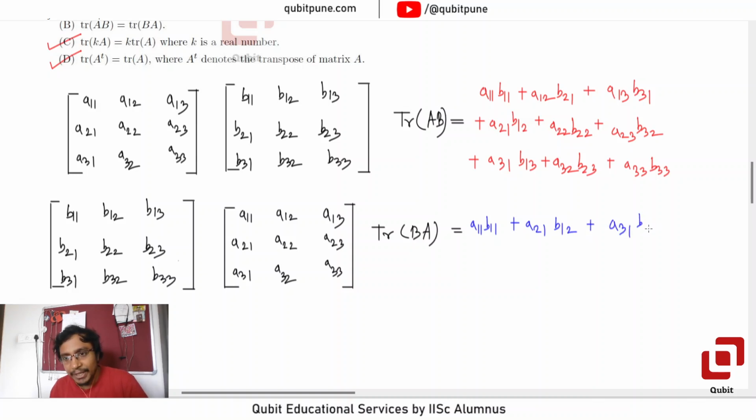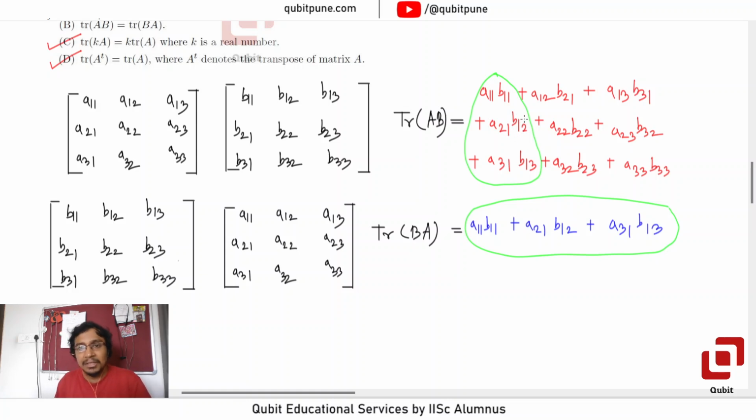Now right here you begin to realize that they are indeed same because of the way these sums have been piled up here. The only difference is it has come in second row second element addition for AB, but it has come in directly first row first column here. Okay, let's just complete it now.